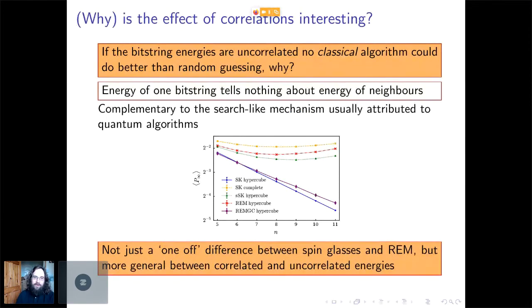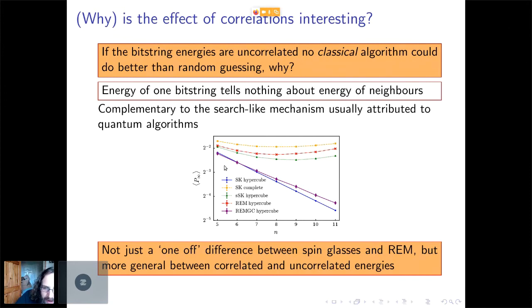So I've kind of previewed everything I'm talking about here, but we've started to look at other unstructured models. You can look in the paper for what the details of these are. Basically, this green one, we just scrambled. We kept the same energies, but we scrambled which bit string they corresponded to. That removes all the structure. Random energy model, we just assign bit strings random energy. Then a complete graph, where instead of flipping one bit, you flip half of the bits randomly.